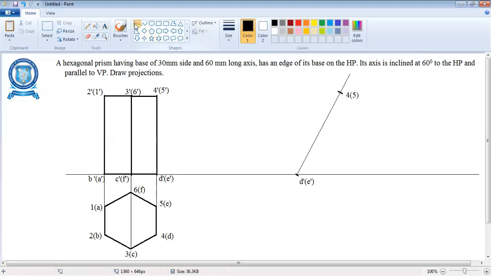The next step is we have to draw a 90-degree line from this D and also from this 4 5. This is 4 dash and 5 dash. Next we transfer these points to this 90-degree line. Measure C and D from D and mark them on this 90-degree line.